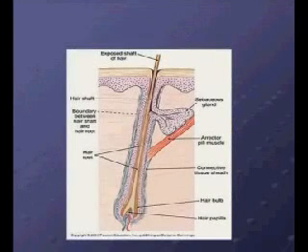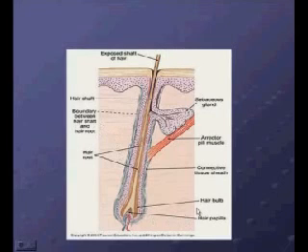This is an illustration from your book that now identifies one of the surface appendages that we see in the integumentary system. This is a hair shaft. You should be able to identify the structures of the hair shaft. The shaft of the hair itself, the exposed hair shaft, the one that lies below the surface. Then there is also the root of the hair.